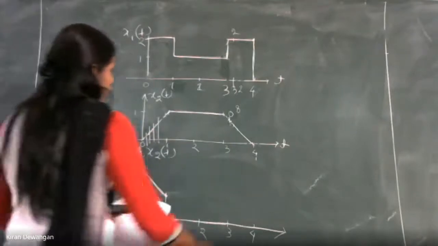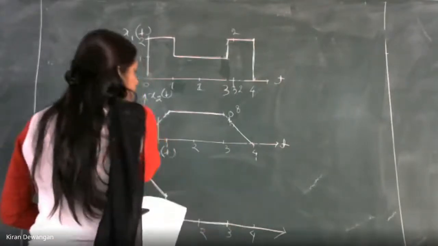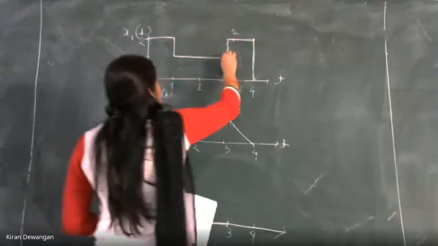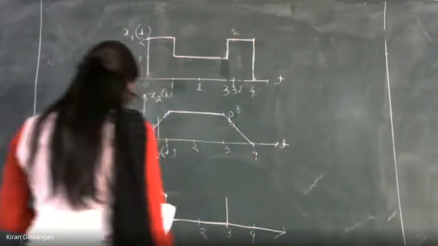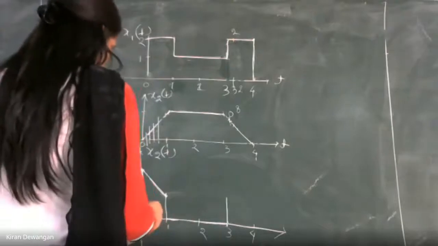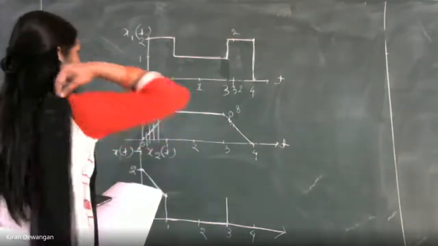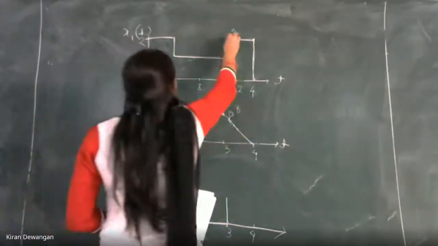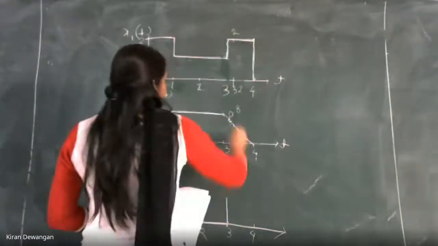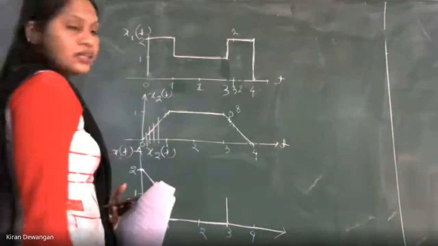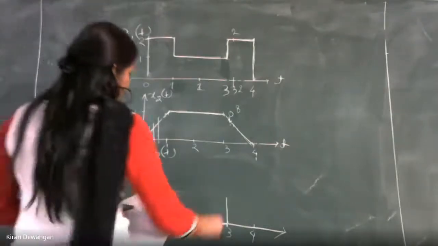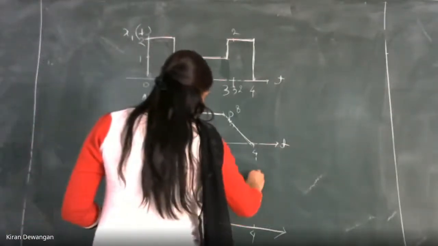ठीक है? Now at this point, at 3, again यहाँ पर एक rise है. So this will be like this. ठीक है? So that is again increasing. A rise will be there. Now here it is 2 minus this value. कैसा होगा ये? 2 minus this value, it will be like this.